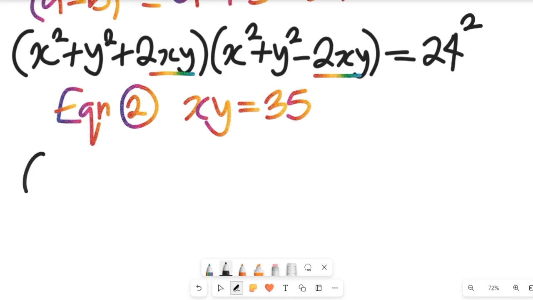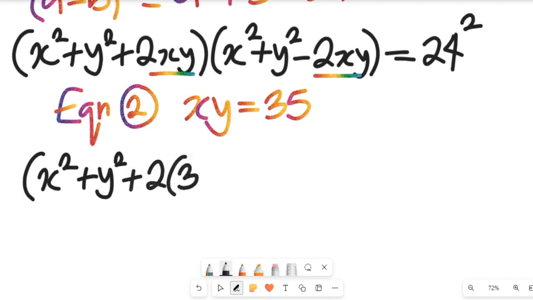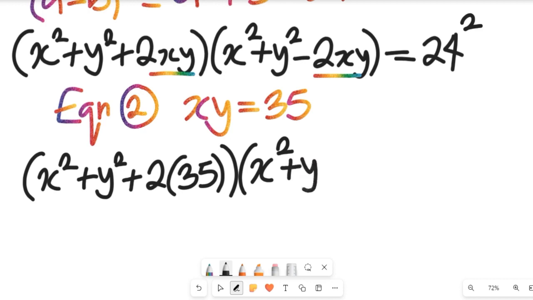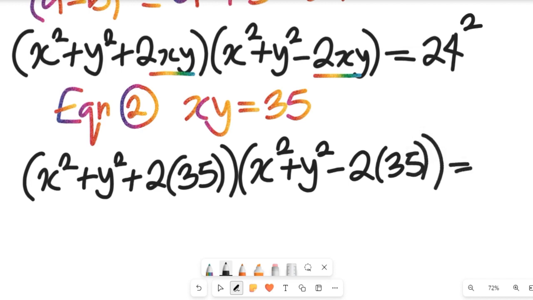So we'll have x squared plus y squared plus 2 multiplied by 35, multiplied by x squared plus y squared minus 2 multiplied by 35, equal to 24 squared.